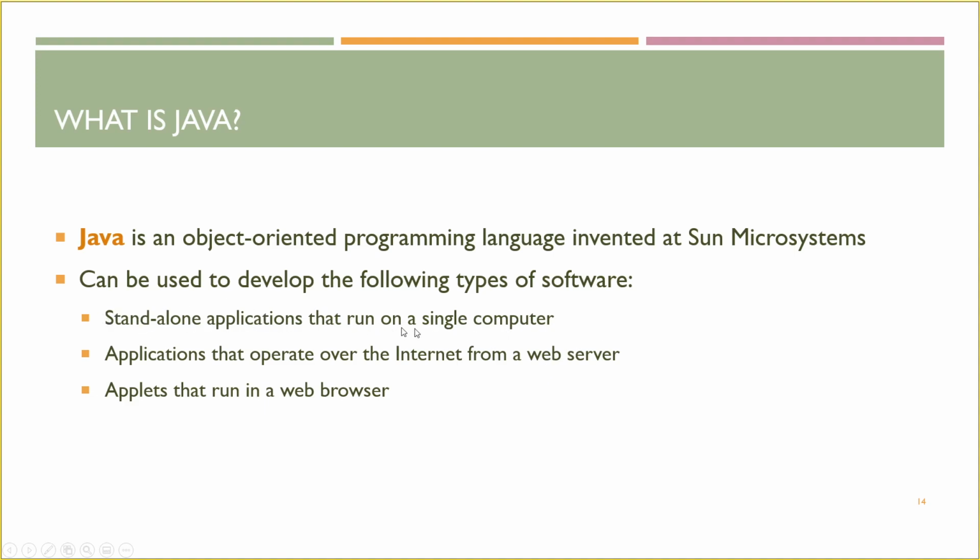This is the one that we use in this class, this first one here. You can also use Java to write web applications and applets that run in web browsers. So Java can be used to write all kinds of different software. But like I said, the kind we're primarily concerned with is a standalone application that runs on a single computer.